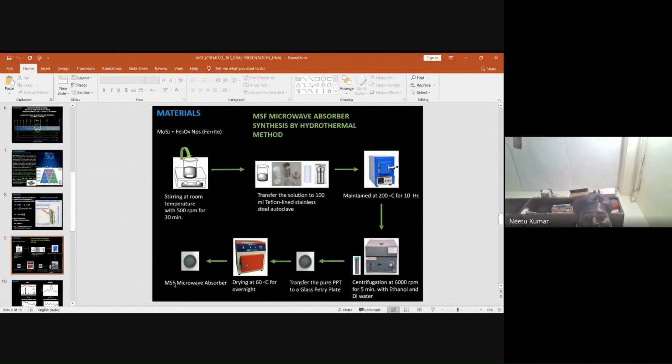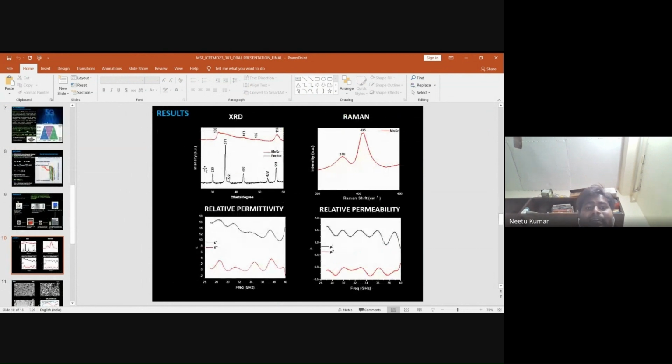Next, these are my results. This is the XRD of the Fe3O4 nanoparticles, like ferrite, and this is the XRD of MoS2, and this is the Raman of my MoS2. This is the relative permittivity, and this is the relative permeability. These are the SEM images of MoS2, of Fe3O4, that is ferrite, and of MSF, that is the absorber, the composite material of MoS2 and ferrite.